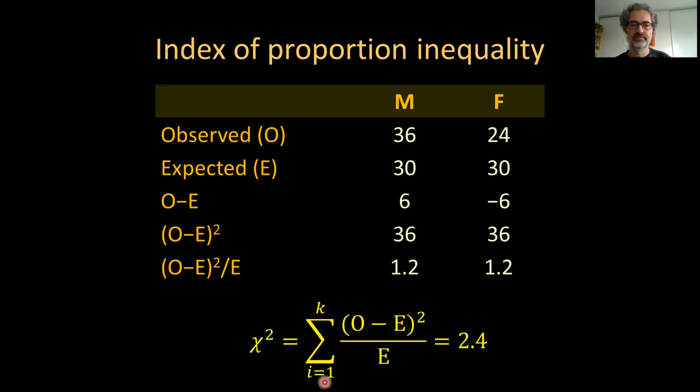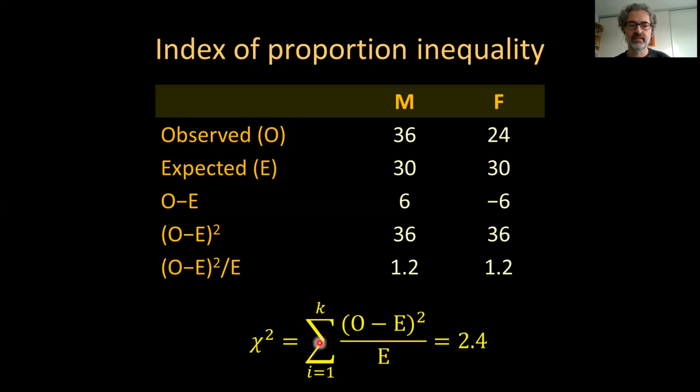This formula indicates what we just did. We subtracted the expectation from each corresponding observation, then raised the differences to the second power, just multiplied them by themselves, divided by the corresponding expectation, and then added them up.